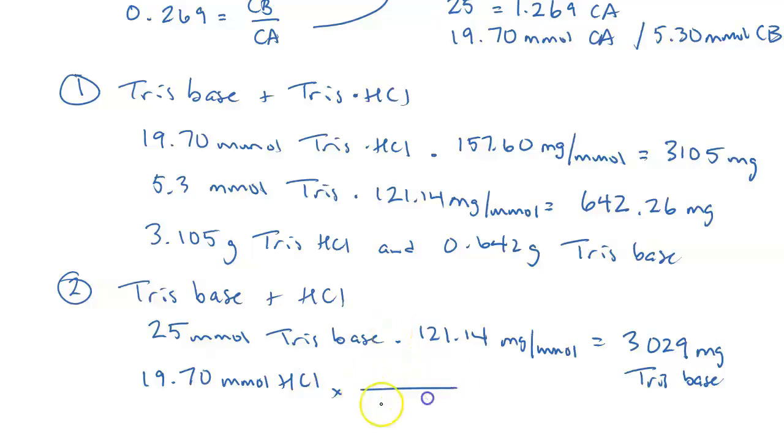So it's 1.0 moles per liter, but that also works if I say 1.0 millimoles per milliliter, so it's just 1. So I need 19.7 divided by 1, which is still 19.7 milliliters of HCl.